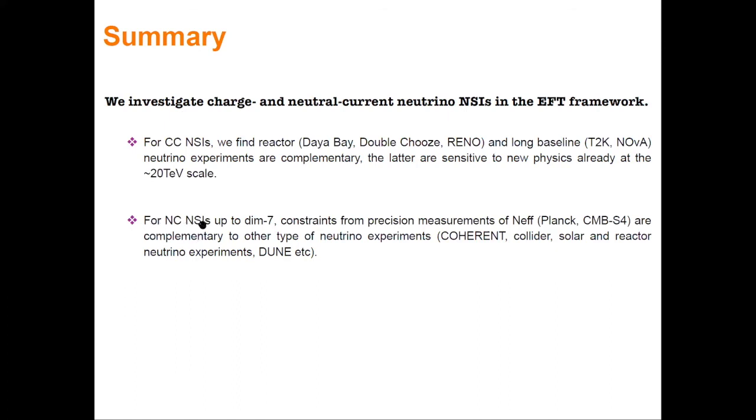For the neutral current NSIs up to dimension 7, we considered constraints from precision measurements of Neff from Planck and the proposed value of CMB-S4. We found that CMB-S4 would be complementary to other types of neutrino experiments like COHERENT, colliders, or other oscillation experiments. That is all I have for today, and thank you for your attention.